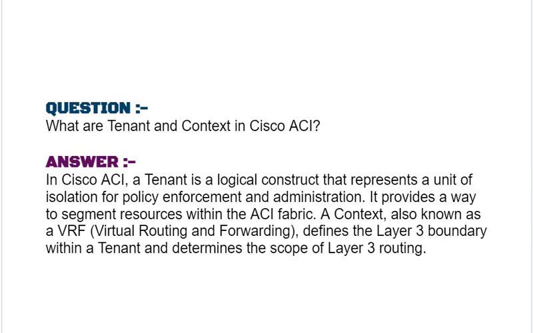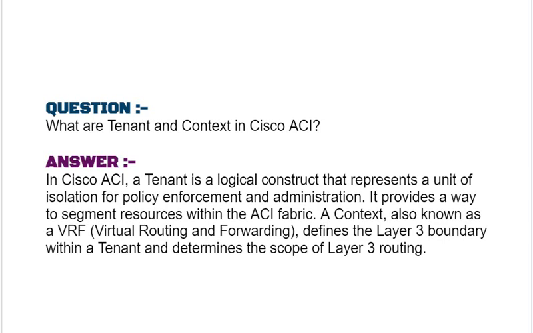Our next interview question is: what are tenant and context in Cisco ACI? Your answer should be in Cisco ACI, a tenant is a logical construct that represents a unit of isolation for policy enforcement and administration.